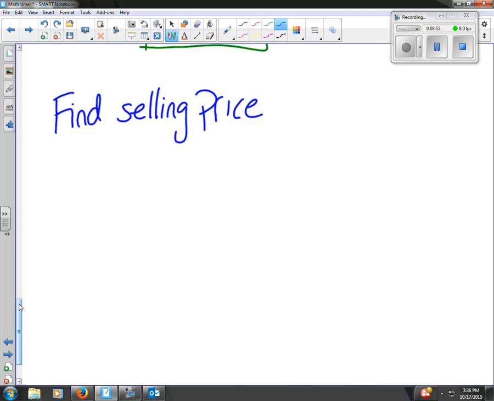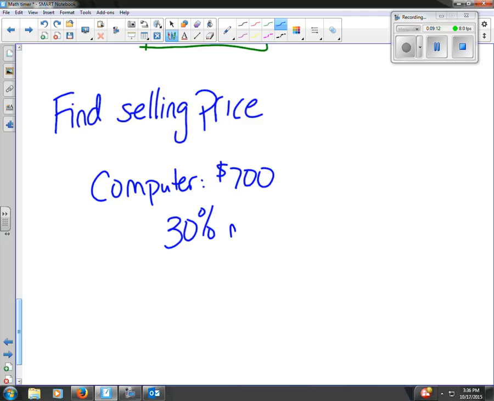Okay, let's see what happens here. If a computer costs $700, you're getting a desktop computer at Best Buy, and it costs $700 to make. But for you to make money off of your computer, you need to sell it with a 30% markup.